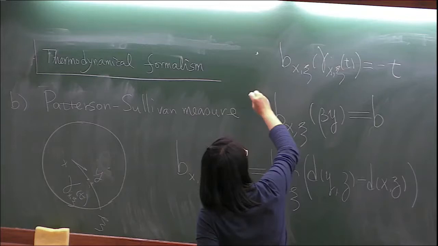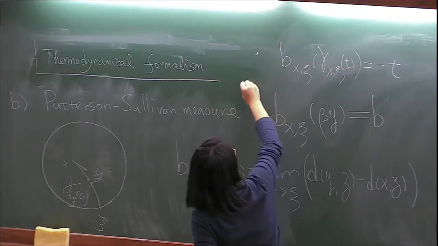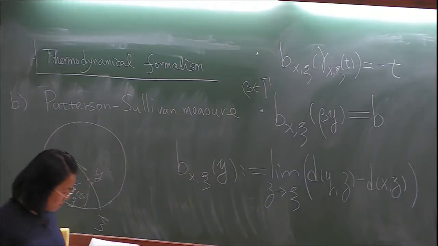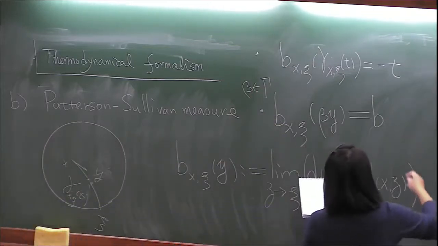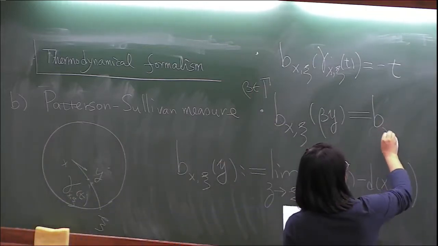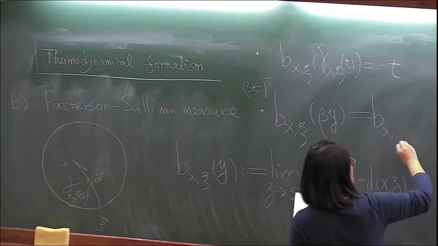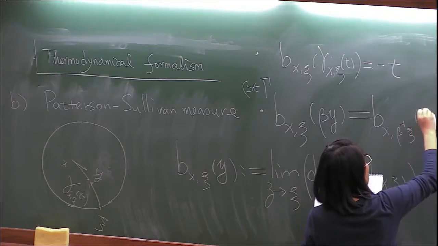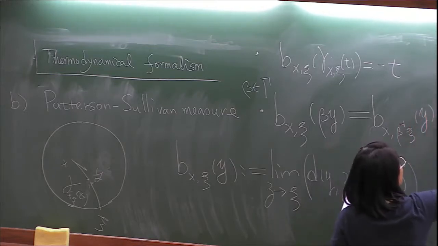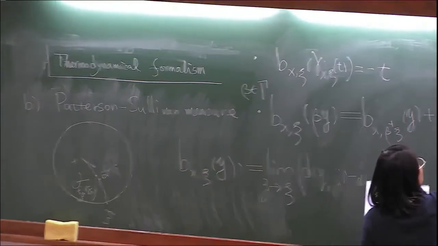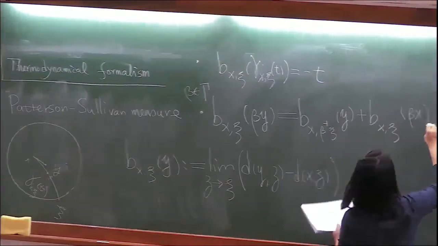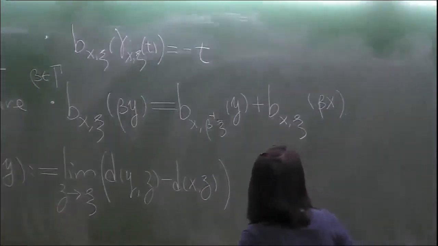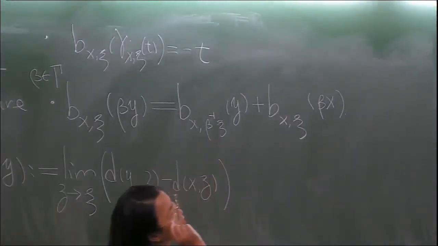Beta is any element of the fundamental group. Okay. So actually this one, you can see this will equal bx beta inverse c y then plus bx c beta x, right?